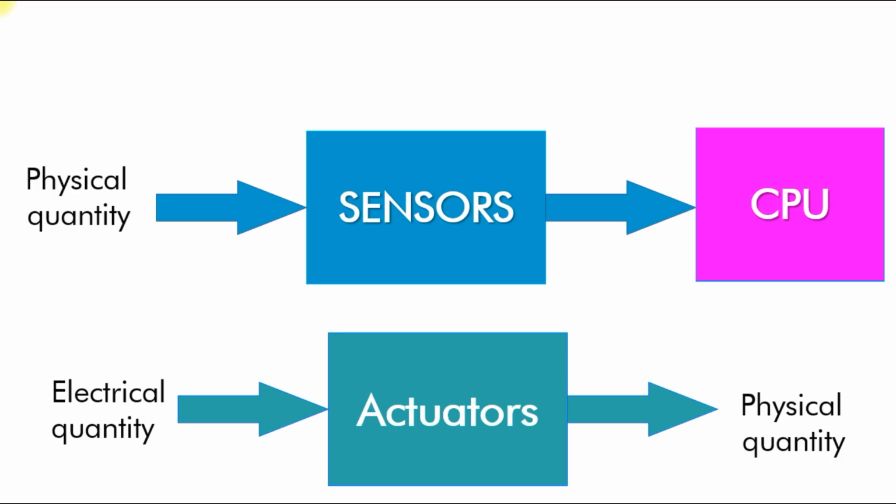If it goes beyond the preset value, say 40 degrees Celsius, this heat will be measured by the temperature sensor and reported to the CPU in terms of electrical quantity. The CPU will take a decision. If it exceeds 40 degrees Celsius, the cooling fan is automatically switched on. So it gives an on and off command to the actuator, like a DC motor.